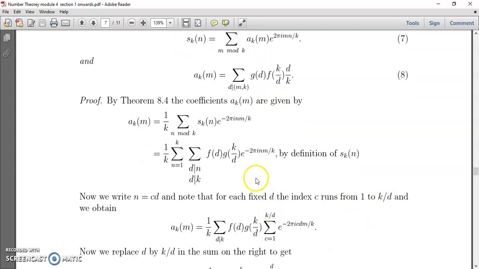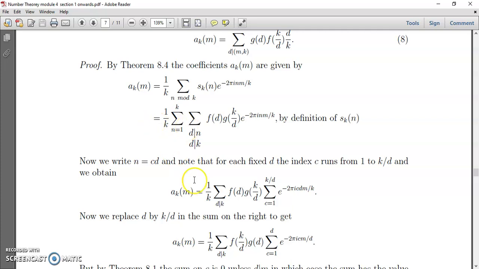So here we are going to separate this. a_k(m) is 1/k times the sum over d dividing k, where f(d) is taken outside, g(k/d) is also taken outside, then the sum over c equal to 1 to k/d of e^(-2πinm/k), where n is replaced by cd.